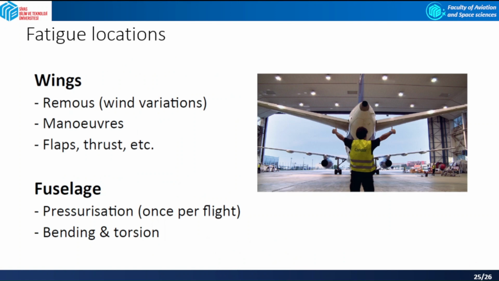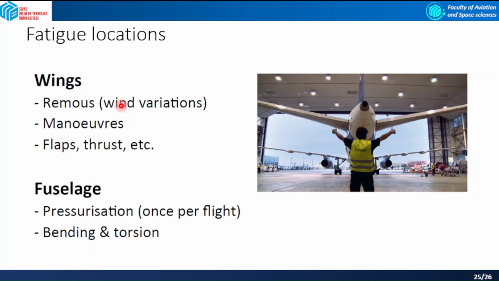Typical loads that can induce fatigue in aircraft structures include various factors such as wing loads. These loads result from aerodynamic forces experienced during maneuvers, like the turn and roll, as well as takeoff and landing.